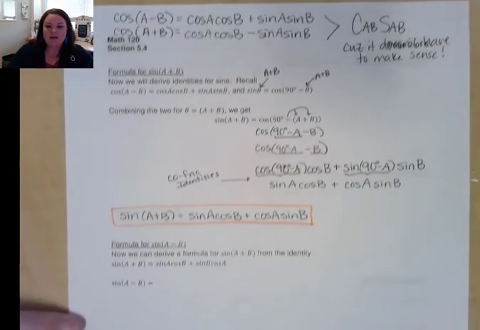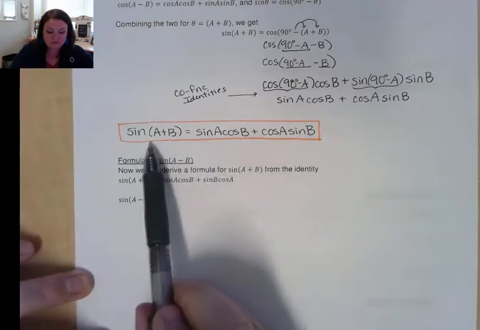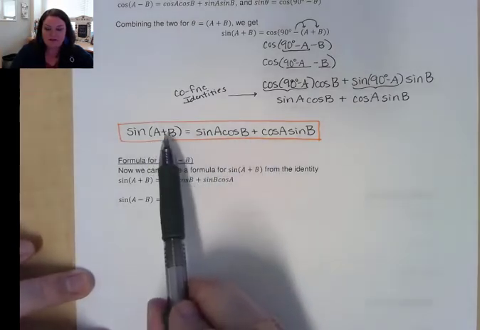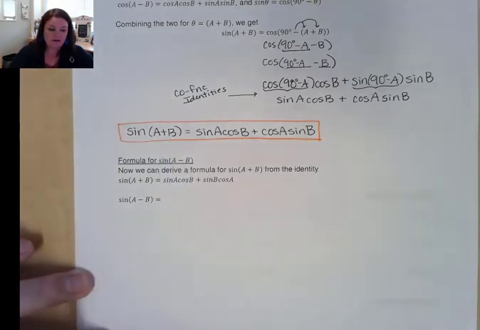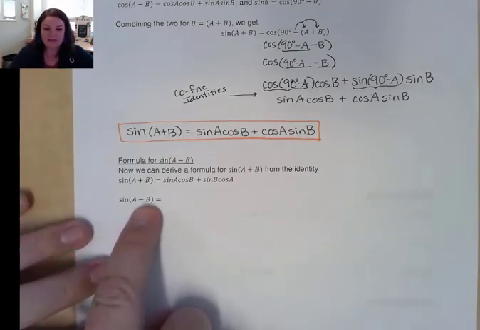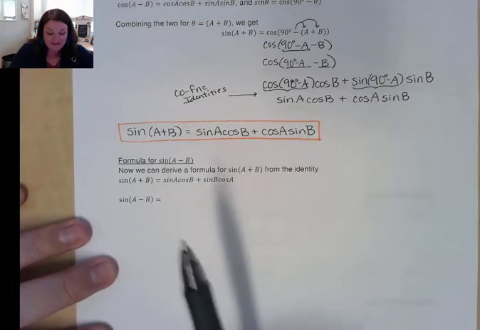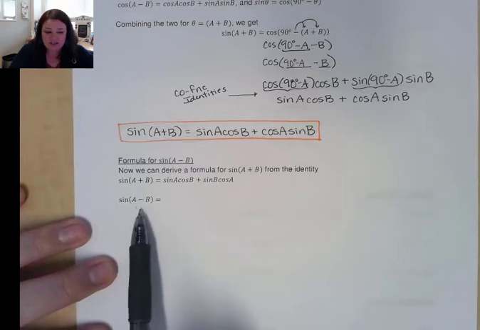Okay, all right. So now that we have the first formula, we can use this first formula that we've come up with, which is the addition identity for sine, to come up with the subtraction identity for sine. So if I start with sine of a minus b, I have an identity for an addition. So I want to be able to write this as an addition.